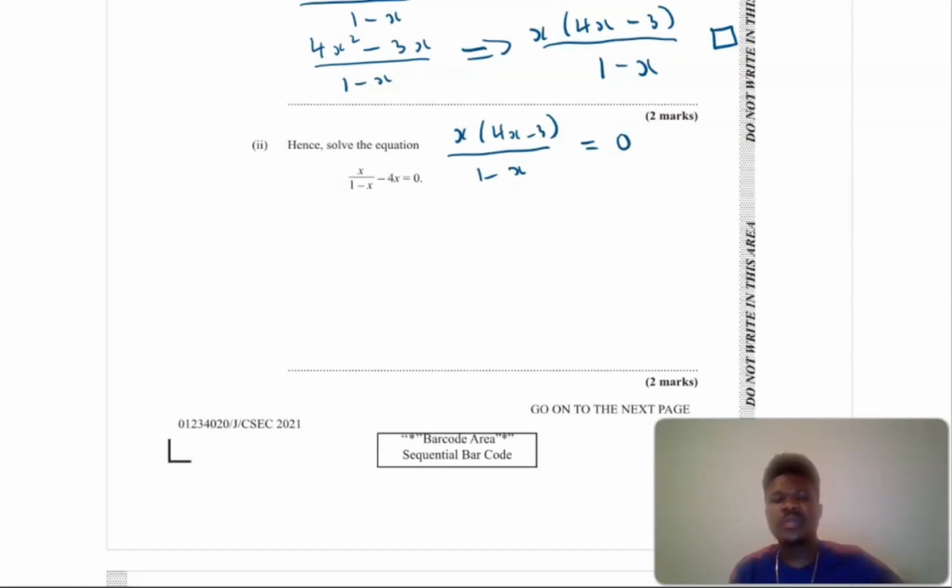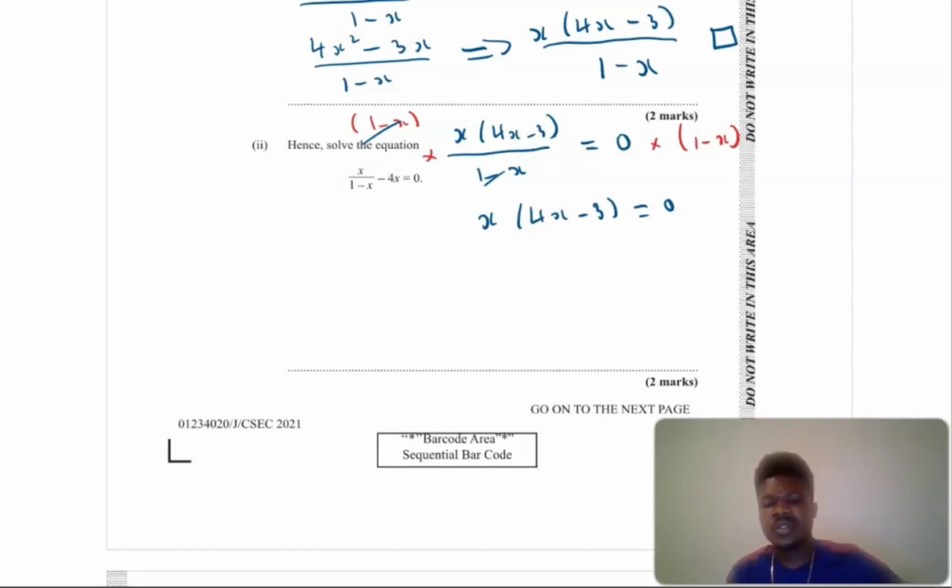So all we have to do here is multiply both sides by 1 minus x to cancel our denominator, the 1 minus x is going to cancel each other on our left hand side to leave us with x times 4x minus 3 equals 0.